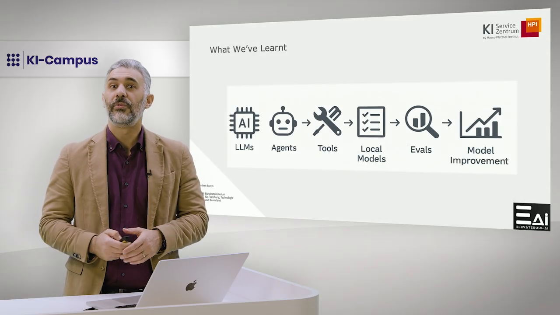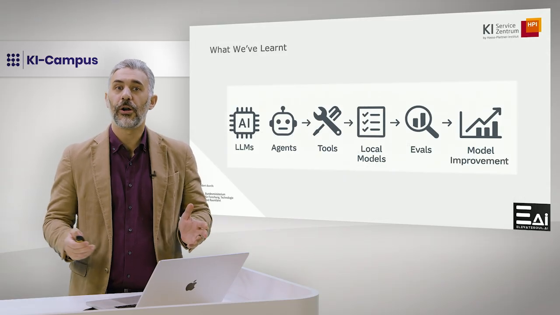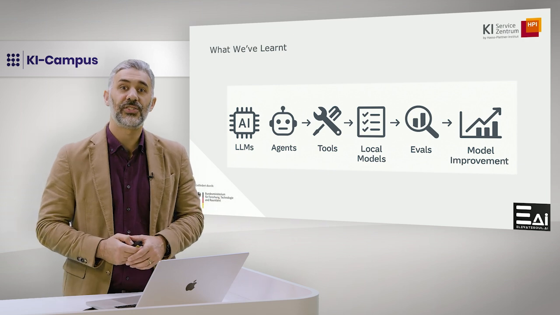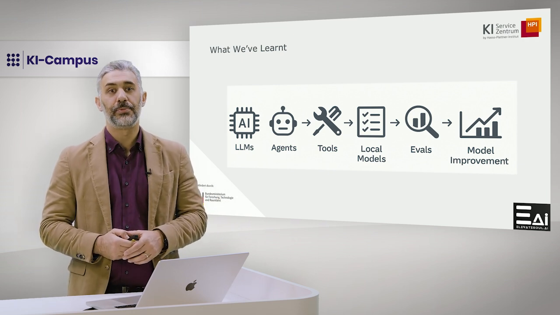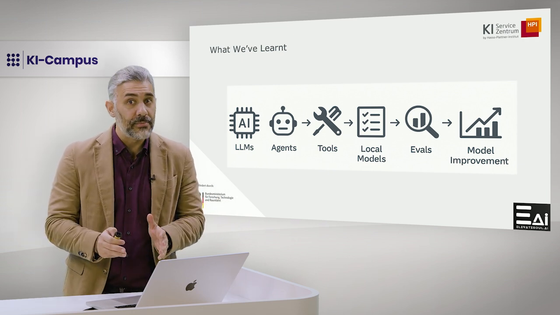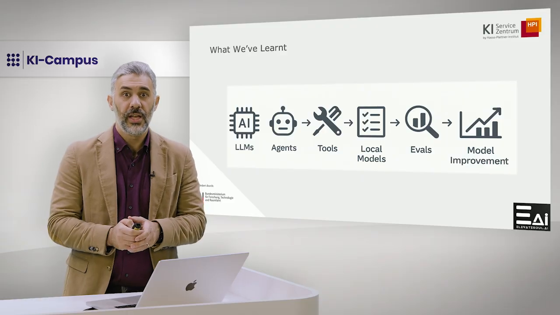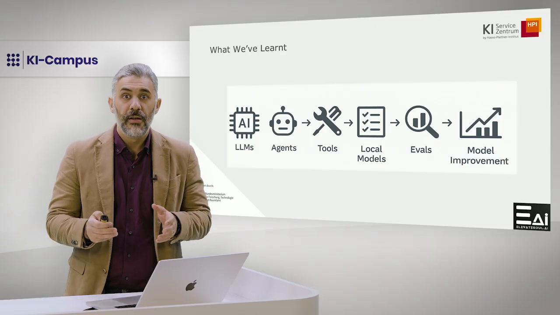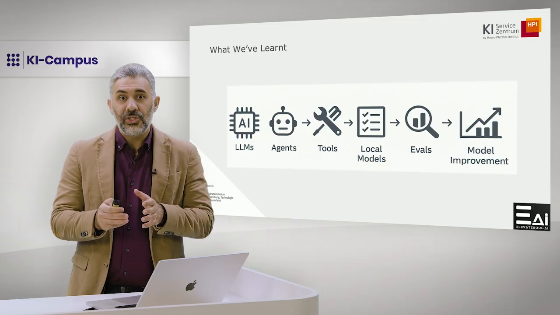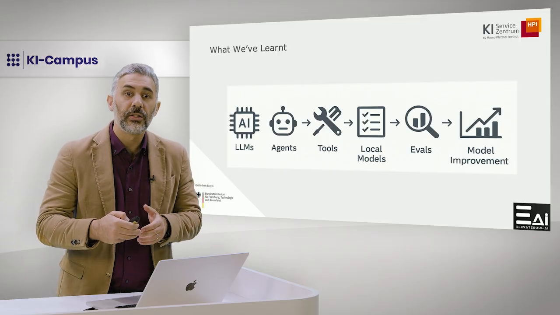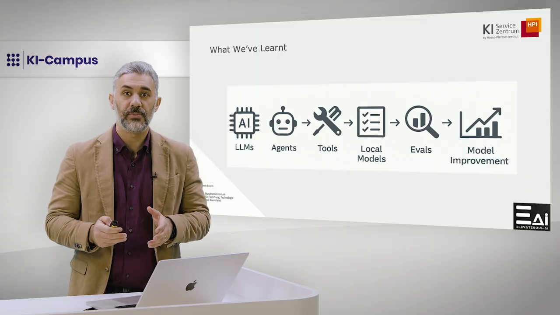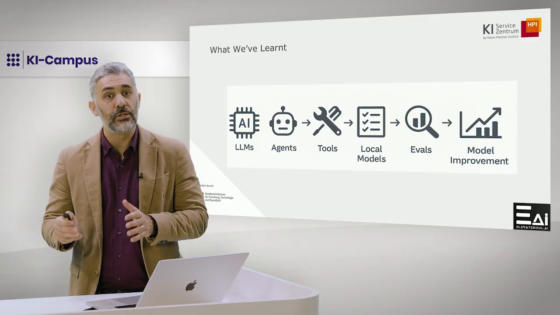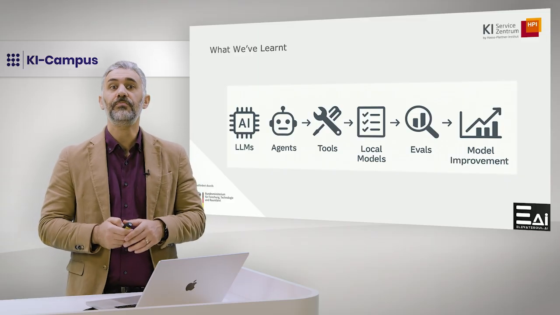Throughout this course, we have traced the full arc of how modern agentic AI systems are built and improved. We began with LLMs as the core reasoning engine, the foundation on which everything else is constructed. From there, we moved to agents, exploring how models can be turned into systems that plan, act, and interact with their environments.